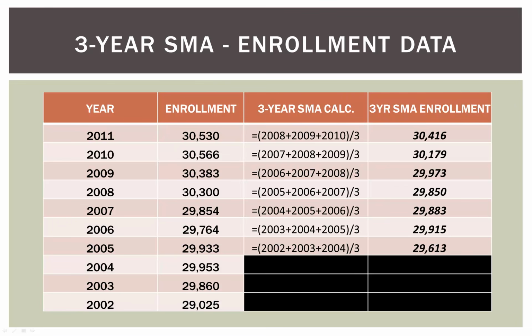So if it was the summer of 2005 and we wanted to make some sort of prediction about the enrollment in the fall using a 3-year simple moving average, we would have done exactly what's in this table. We would have figured out 29,613 students. Our actual enrollment was 29,933, so we were just a bit off, but pretty close.